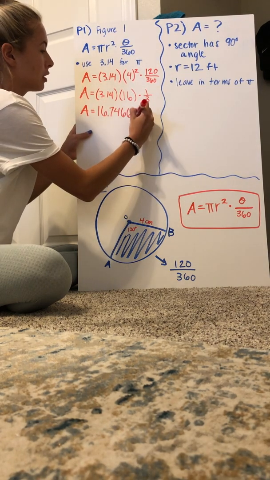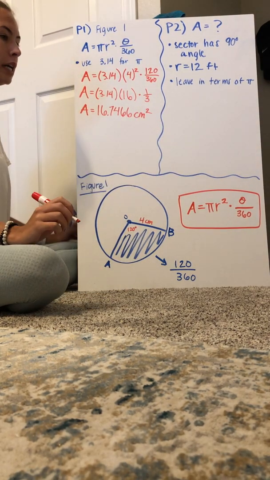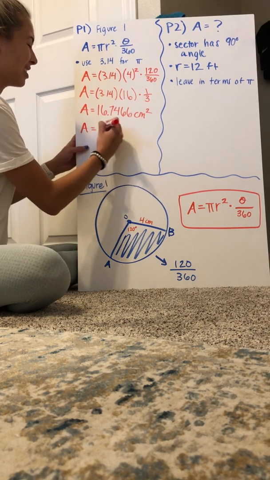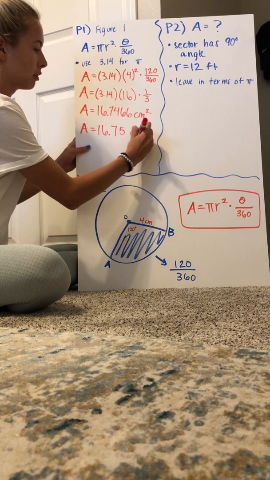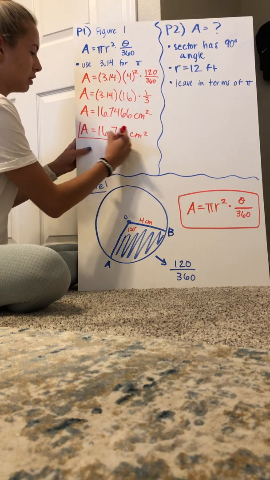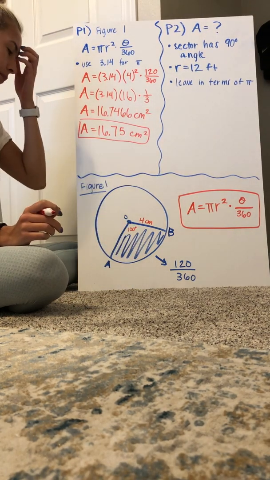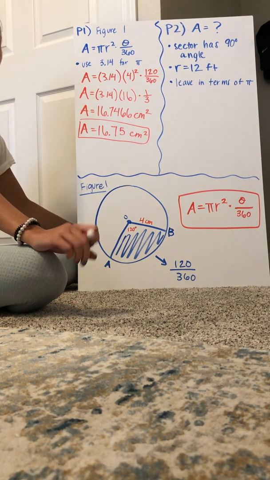Don't forget your units, centimeters squared. But this decimal could go on and on, so I'm just going to round it to 2 decimal places, to make it more concise and easier to read. So the area of this section of our circle is 16.75 centimeters squared.